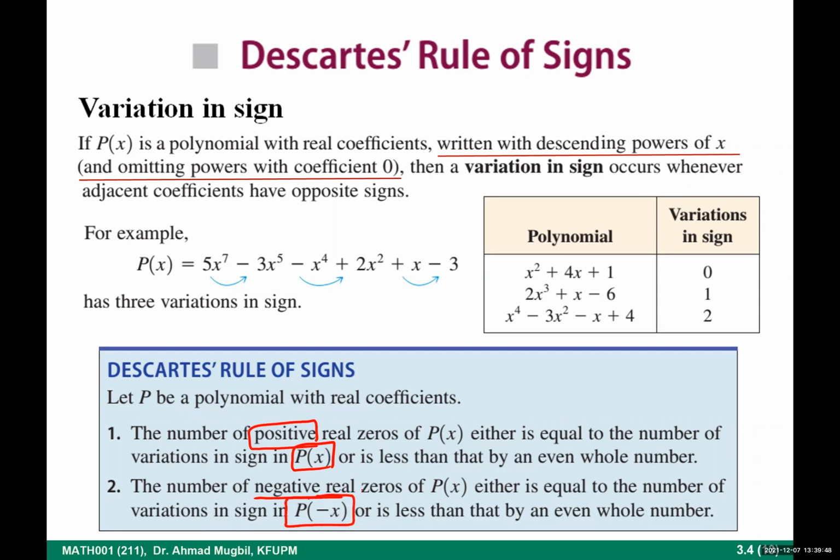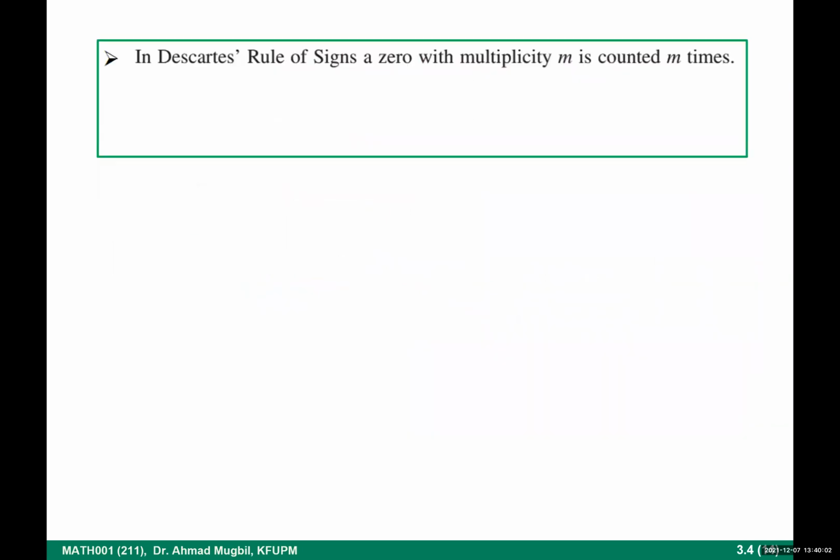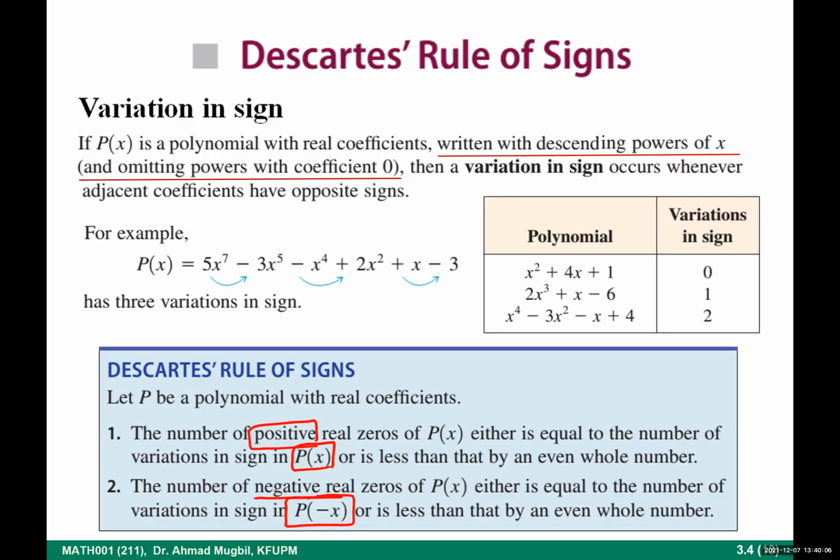When you replace x by negative x, the number of variations in that case will be equal to the number of negative real zeros, or less than that by an even whole number. I think it is better to have an example about that. But before that, the variation in sign: how many times has the sign changed from positive to negative or from negative to positive?